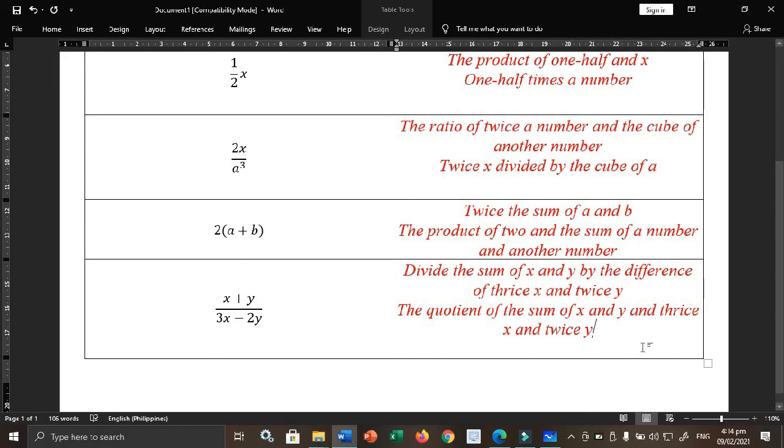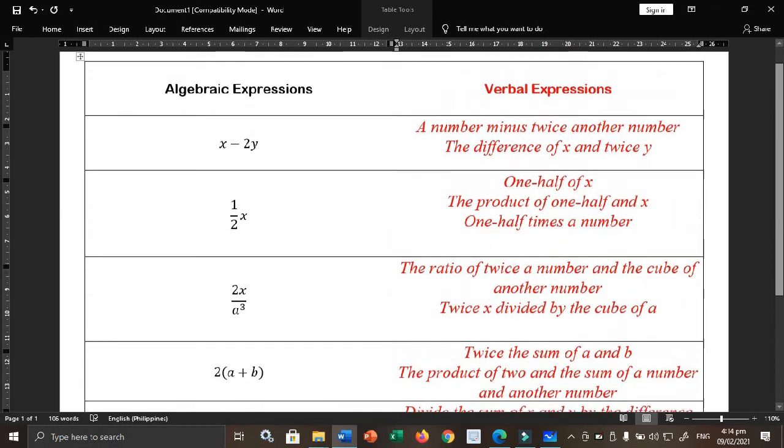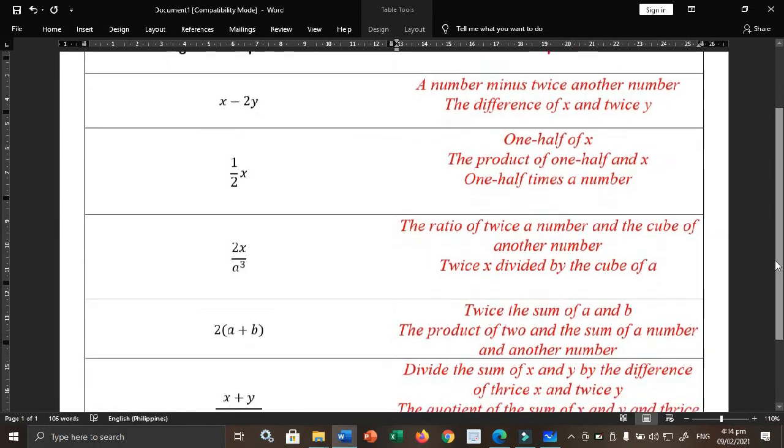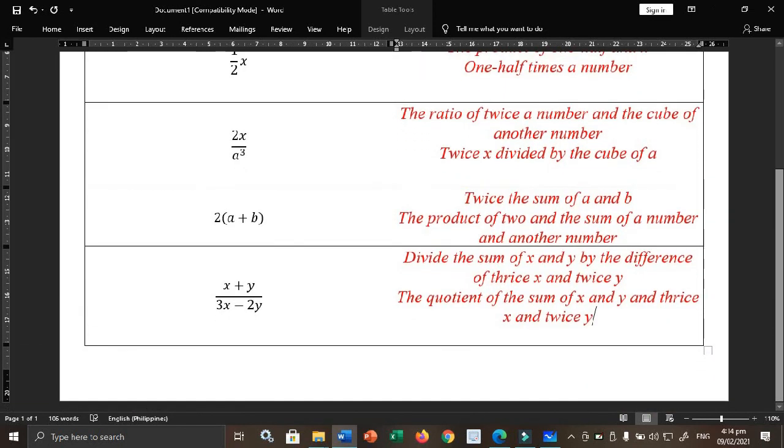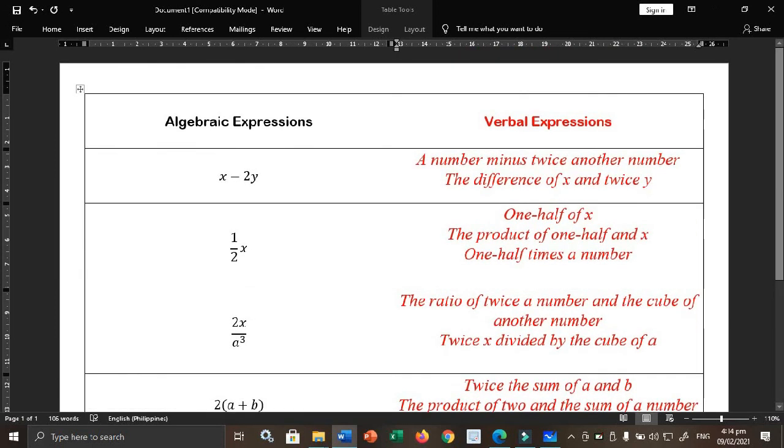So, pwede din naman yan. No? So, yun, there are a lot of possible answers. But then, you're the one who will write the phrase. So it's up to you. No? So that's it. That is how you transform verbal expressions into algebraic expressions and vice versa.